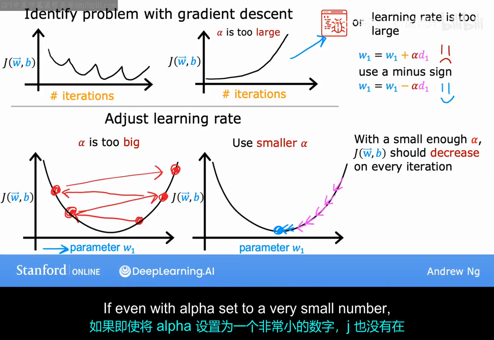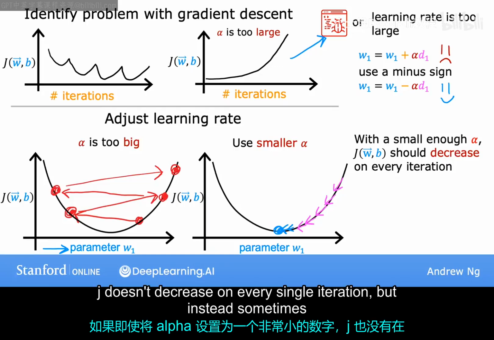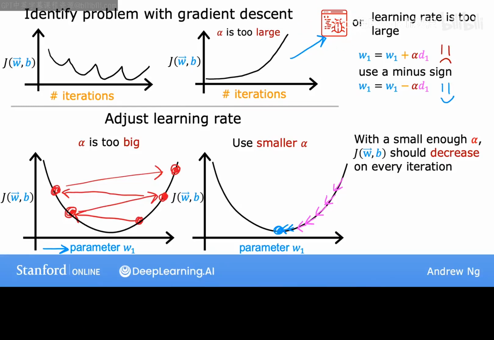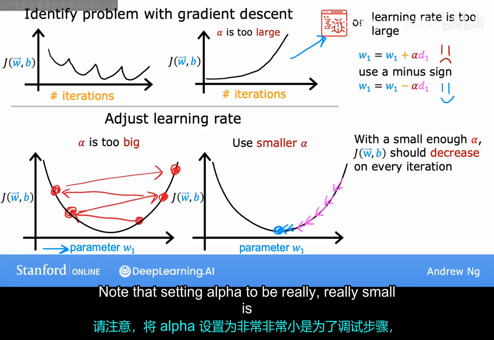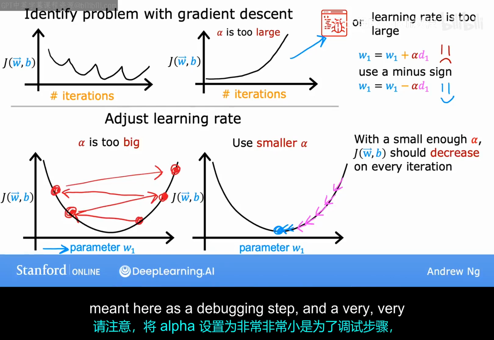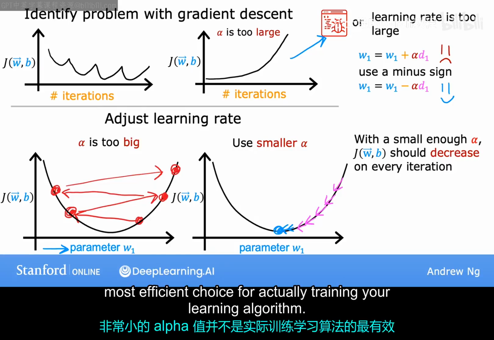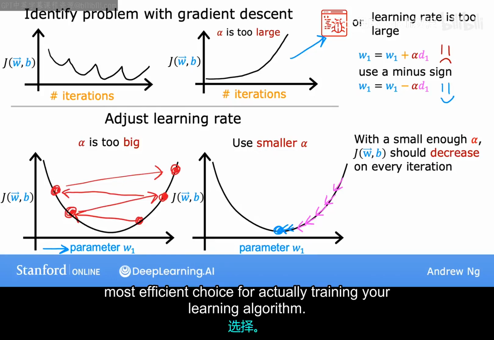If, even with alpha set to a very small number, J doesn't decrease on every single iteration, but instead sometimes increases, then that usually means there's a bug somewhere in the code. Note that setting alpha to be really, really small is meant here as a debugging step, and a very, very small value of alpha is not going to be the most efficient choice for actually training your learning algorithm.